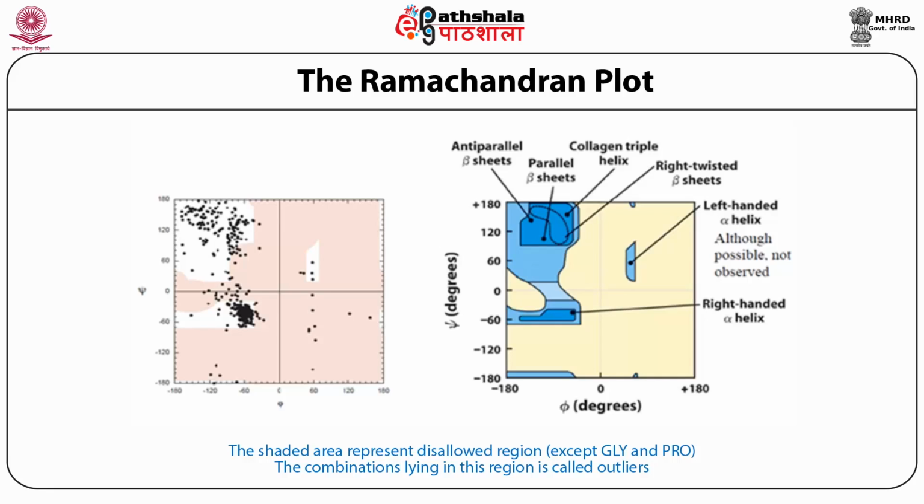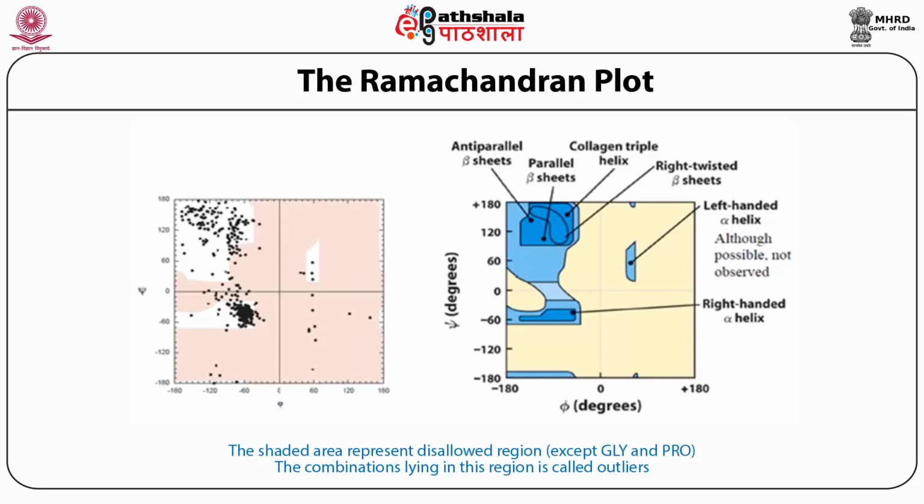For example, for the left-handed alpha helix, both phi and psi are positive values, about 60. Then you can have a left-handed alpha helix. That's what it means.